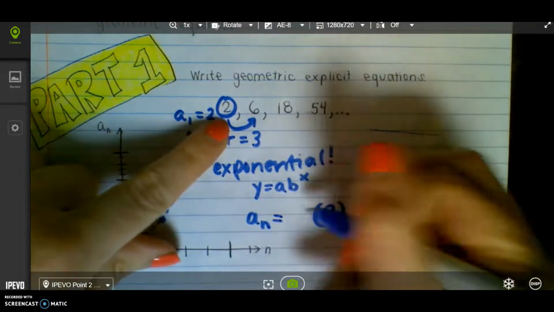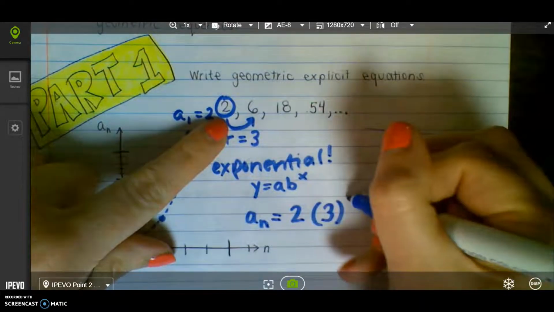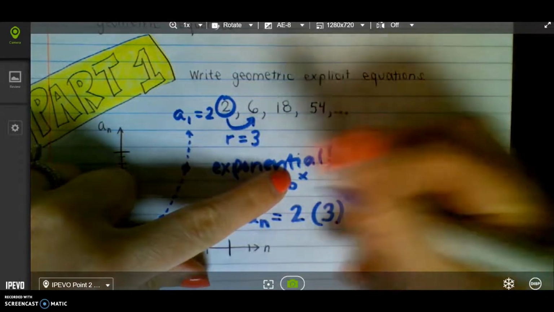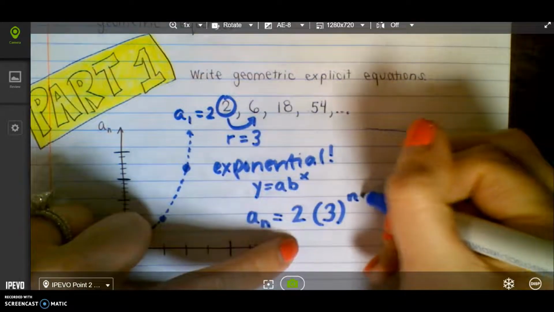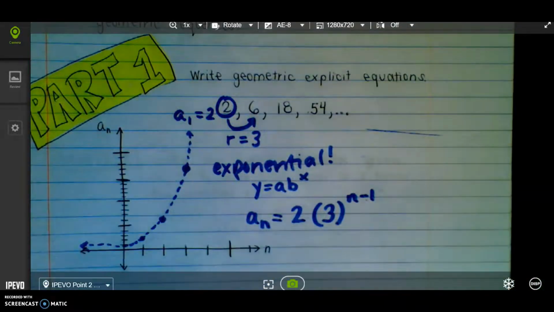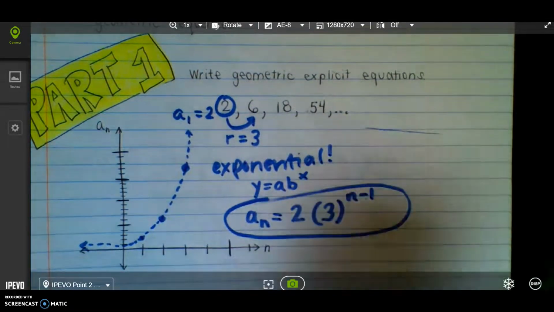And then the first term was 2, and because I'm using the first term, when I write my exponent, instead of x, I'm using n. Because I'm using the first term, I have to shift to the right one. So there's my geometric explicit equation for the sequence.